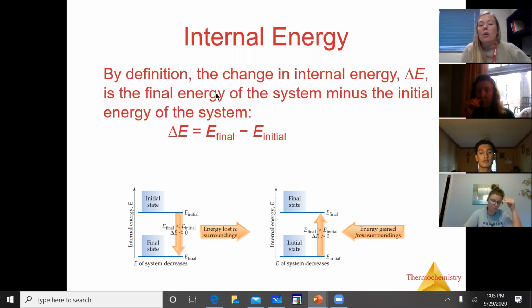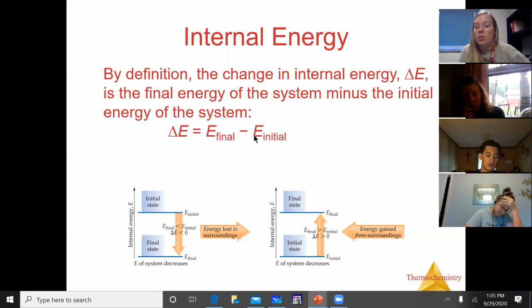And by definition, our change in internal energy is always going to be the final minus the initial. So if we have a larger final internal energy than our initial, our delta E should be positive. So when this number is bigger, this will win out from the negative. It will be positive.